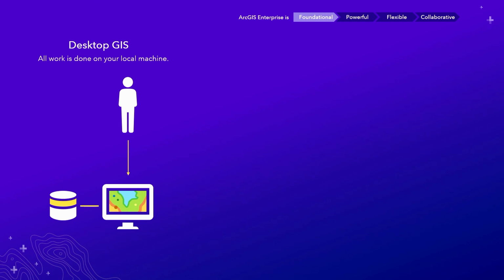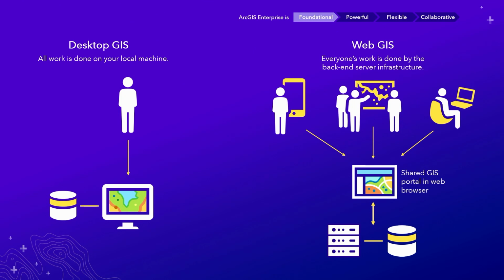If I'm running a task that takes 6 hours, I can't really make that faster because it's limited by the RAM of my machine and the data that I have available. You could, of course, have data stores set up with that machine as well, but still you're working on that single machine. In Web GIS, everyone in your organization can access parts of the same back-end server infrastructure through a shared GIS portal. And we'll talk about that in a minute.